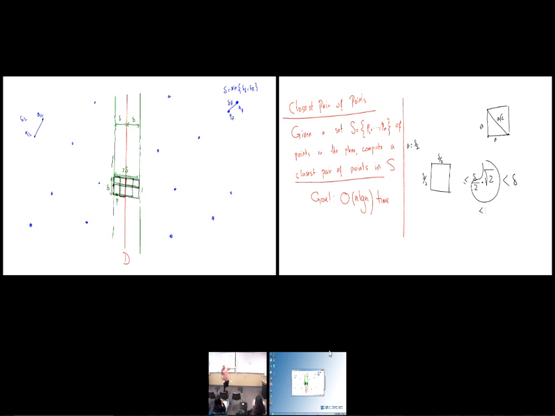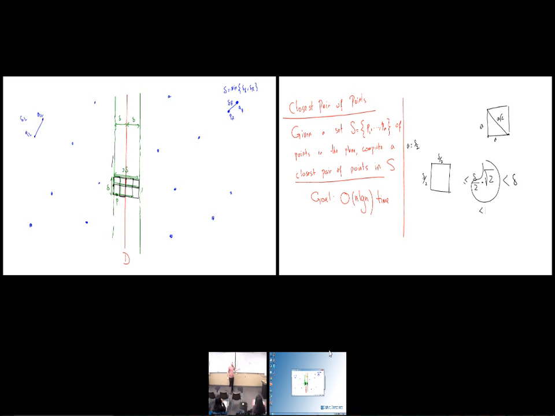Is this clear? So then after recursing on the left to find the closest pair, recursing on the right to find the closest pair, now the combine phase is to search for a closest pair that live in here whose distance potentially could be less than delta, and we could do it in a more efficient way, as follows.